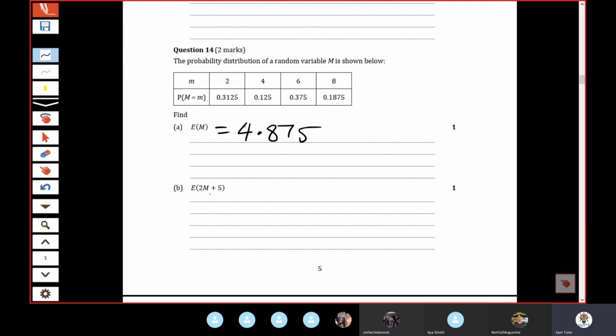Okay, how does this work? These have rather interesting properties. So E, you can expand. So the expectation of 2m plus 5 is actually E of 2m plus E of 5.